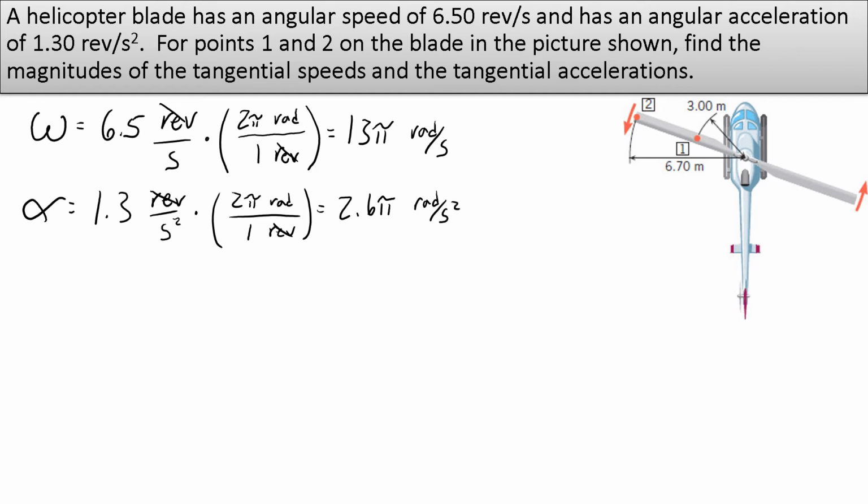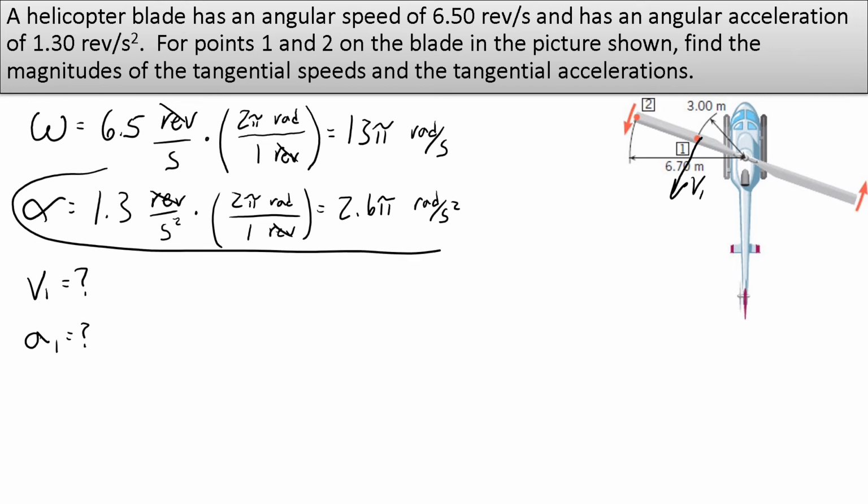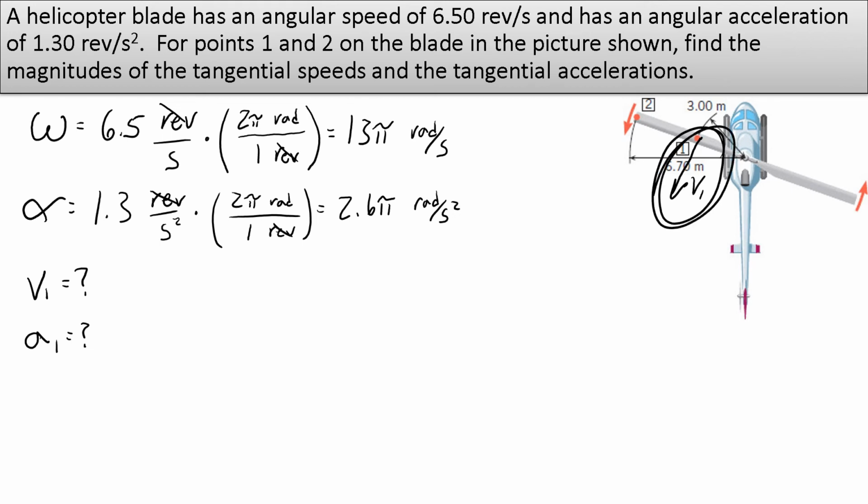Now they're looking for the tangential velocity at point 1, which we can show like this. This is V1. The tangential acceleration at point 1. So this thing is speeding up. It's getting faster and faster and faster. And this tangential velocity is speeding up.